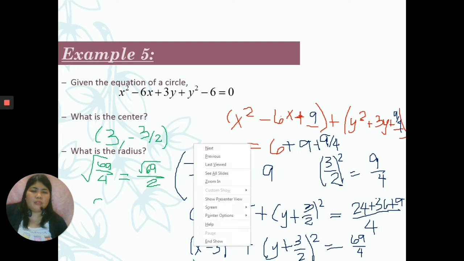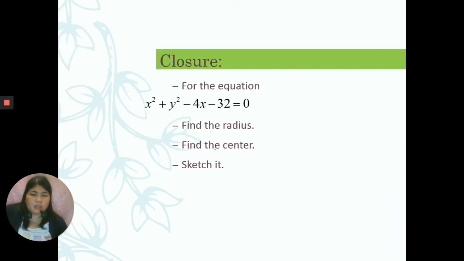Okay, now for our closure, just get the radius, the center, and sketch the graph of this equation. You can solve it here.